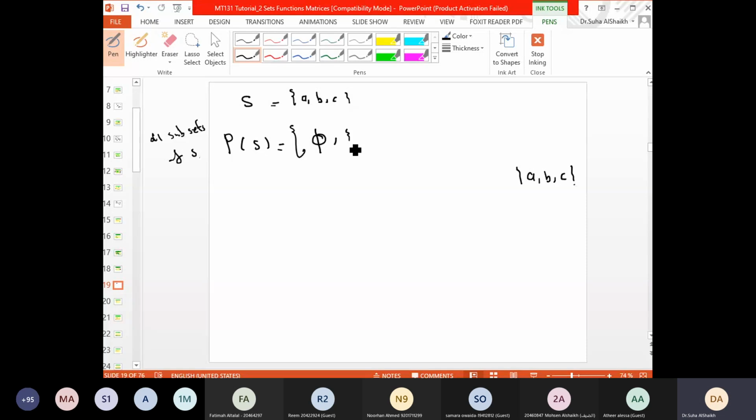Then we collect the singletons: A alone, B alone, and C alone. Then we start taking them two by two: A with B, A with C, and B with C. Okay? And that's it. Is there anything else?